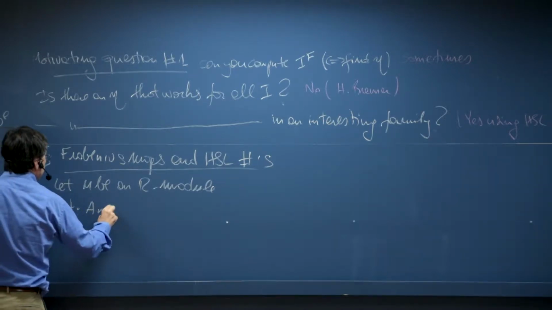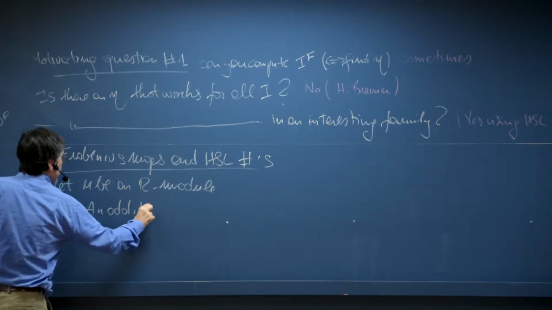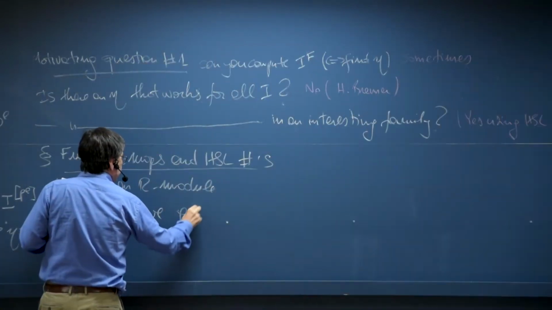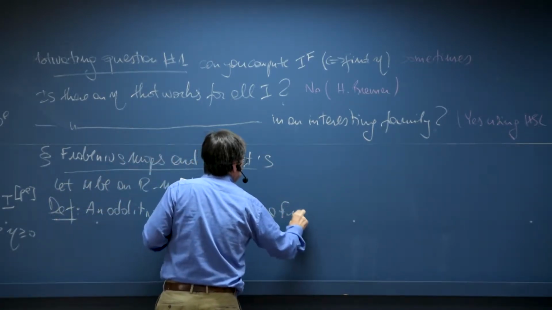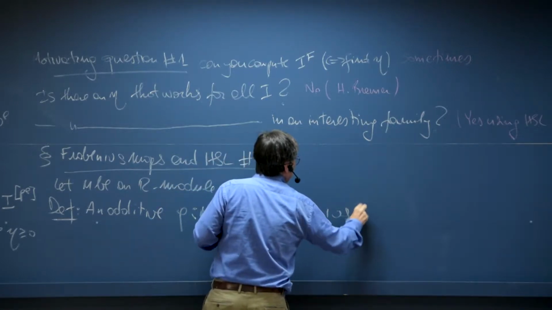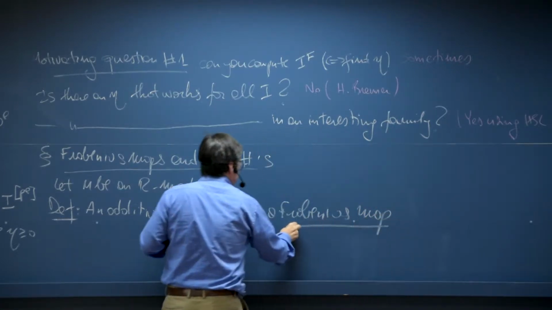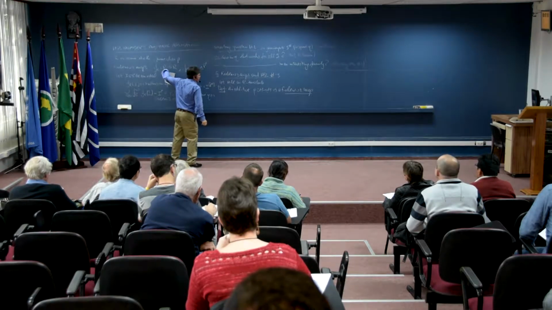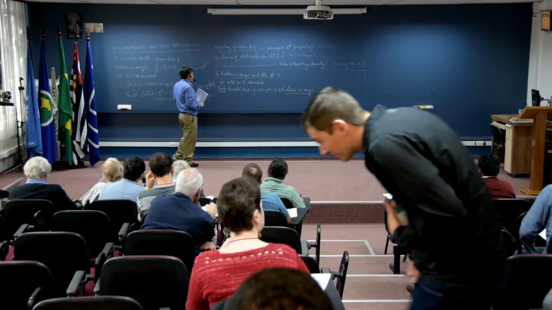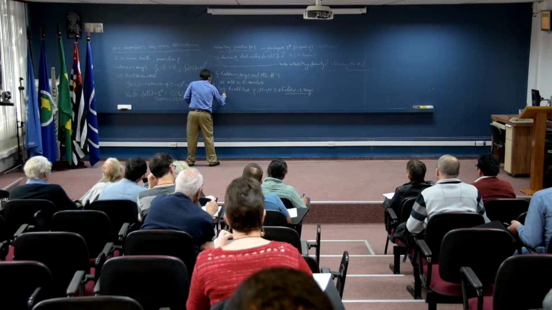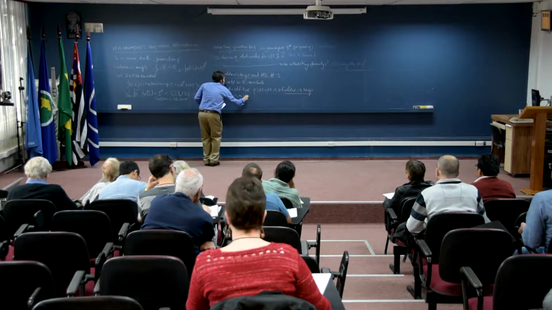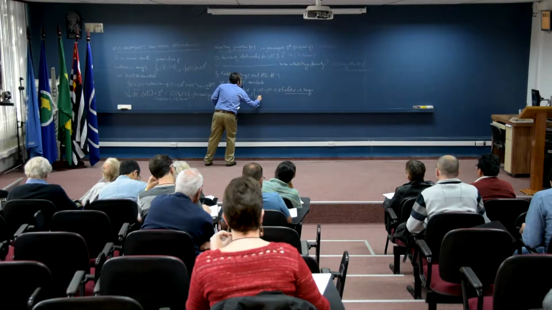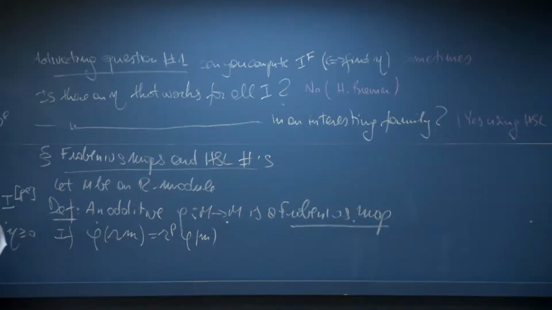So an additive function, which I'm going to call phi from M to M, is a Frobenius map. So this is going to be a generalization of this Frobenius map over here, only defined for modules. If phi of r times m is r^p times phi of m. So it's not R linear, it's R^p linear.